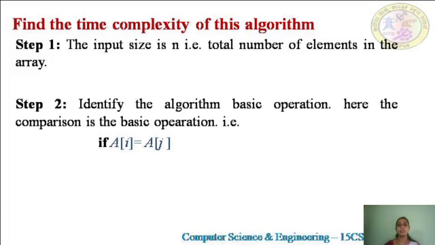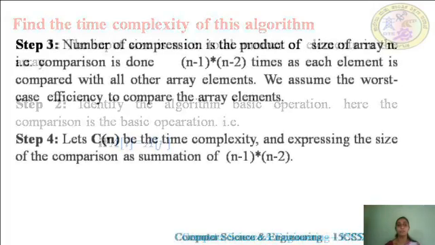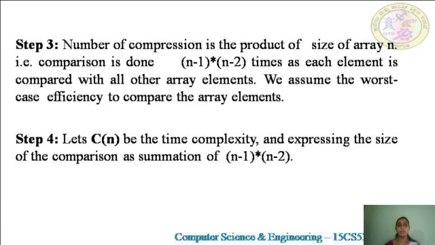This is done in the algorithm by using the statement if A of i is equal to A of j. In step 3, the number of comparisons is counted. Since we have two for loops, i takes the value from 0 to n minus 2 and j takes the value from i plus 1 to n minus 1.